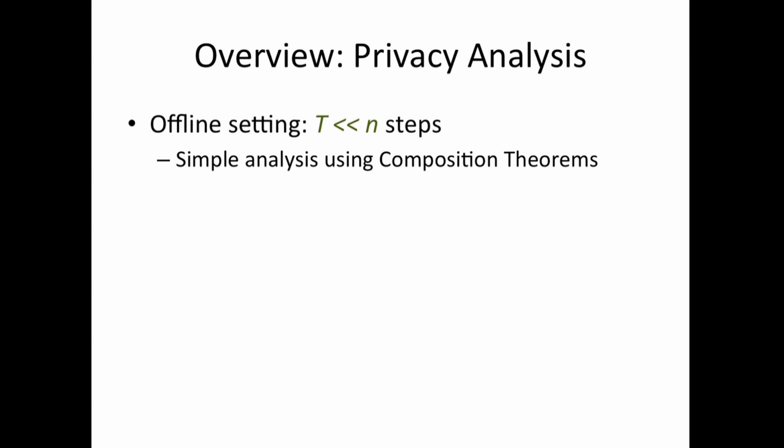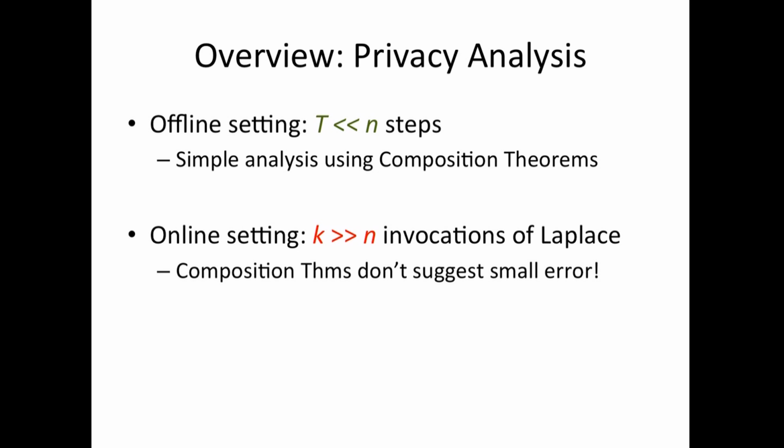Okay? In the online setting, we have k. Remember, k is the number of interactive queries. We have k invocations of the Laplace mechanism. And every invocation really evaluates the true answer and adds Laplacian noise to it. So we really have a lot more. K could be much larger than n, super polynomial in n.